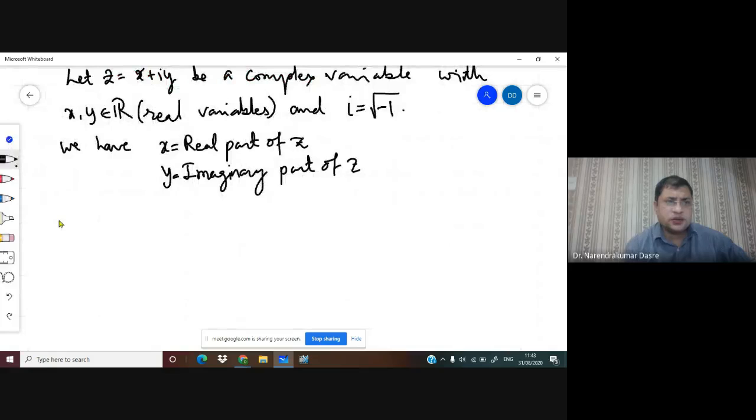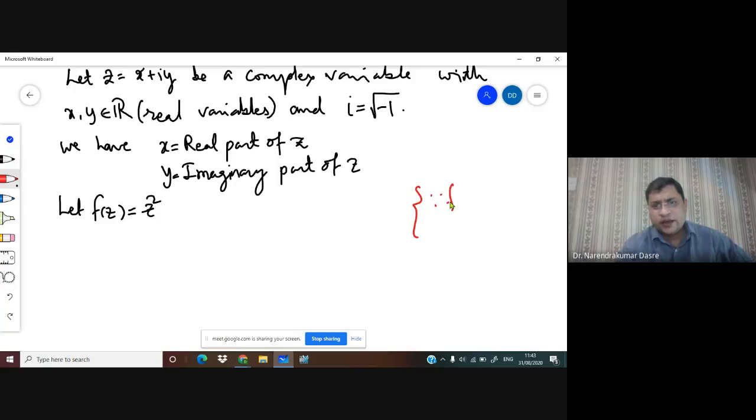Now for example, I consider that f of z is equal to z square. So as we write in reals, the real function f of x is equal to x square. Here I consider the variable x as a real variable.